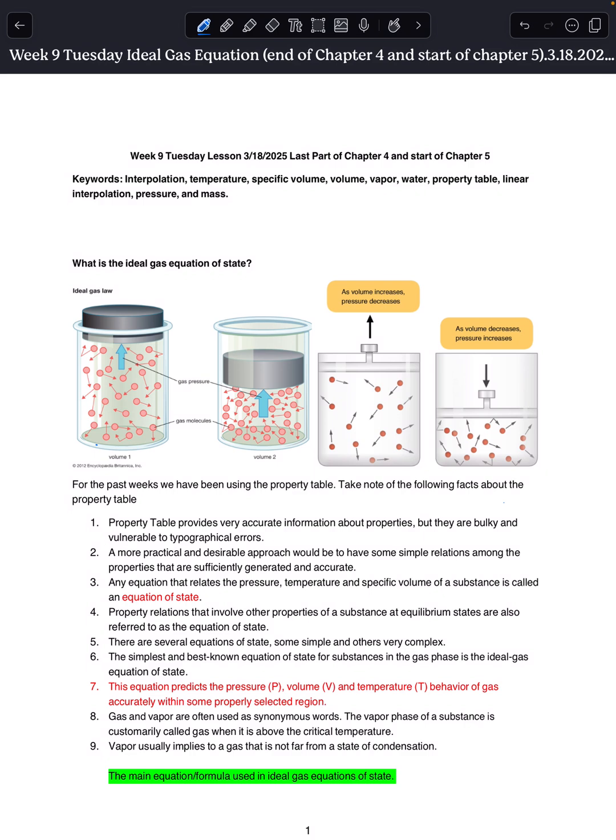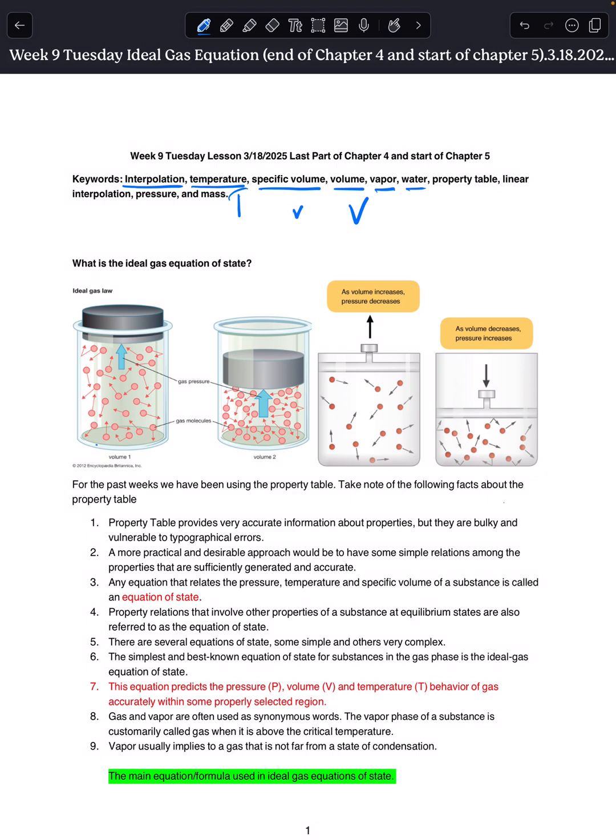We may have to interpolate if there is a need for interpolation. We have to talk about temperature, which is capital T; specific volume, which is small v; volume, which is capital V; vapor, which is just a substance; and water, which is a substance.